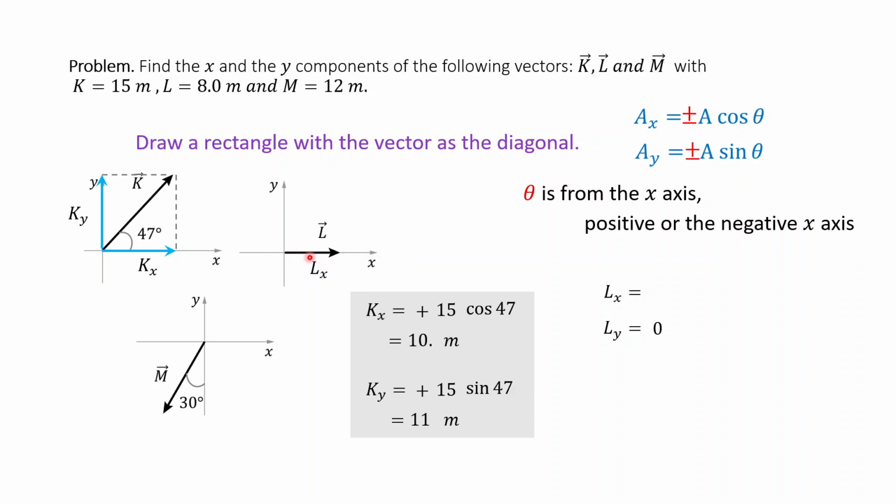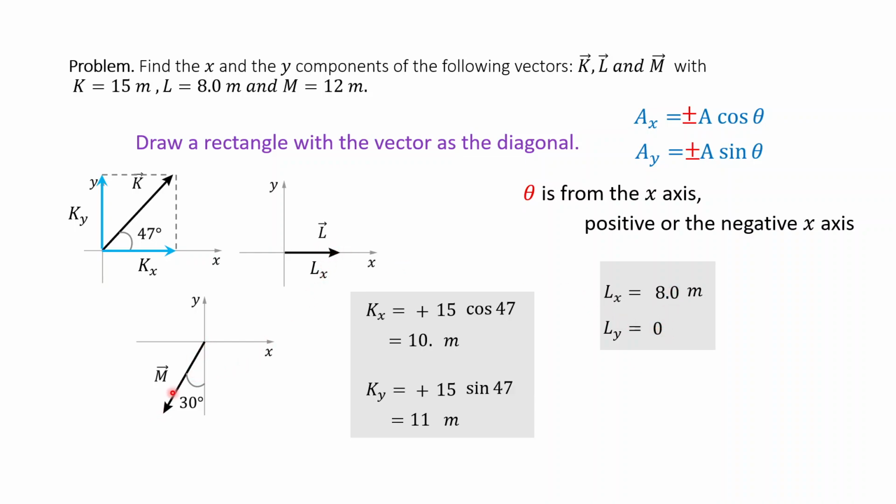This points to the positive x direction. So it is positive. And you need to put the magnitude of this vector. That is 8.0. Put the unit. So these are the x and the y components of this vector.